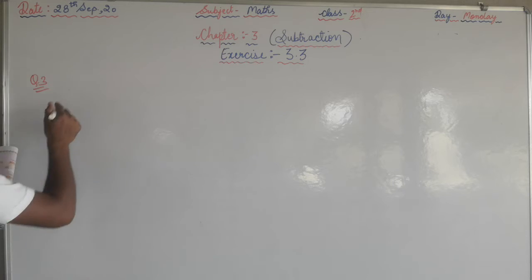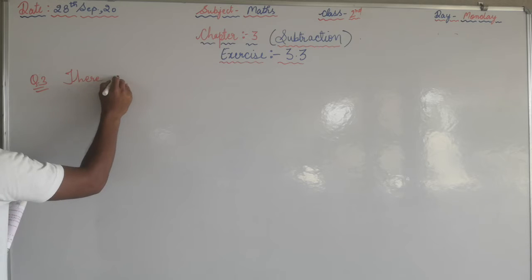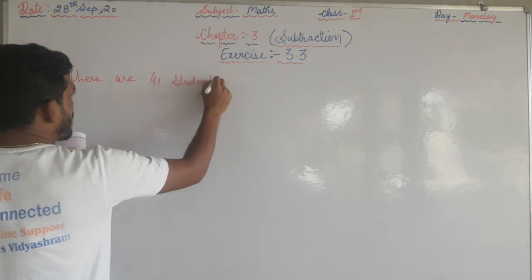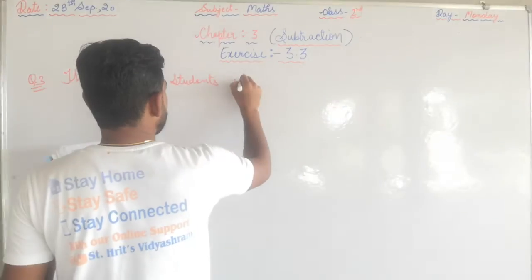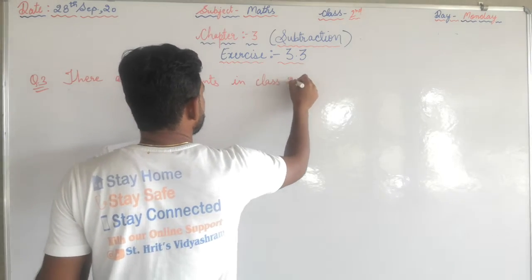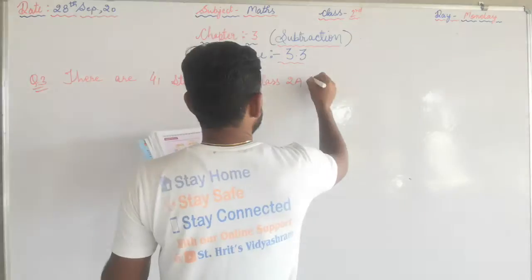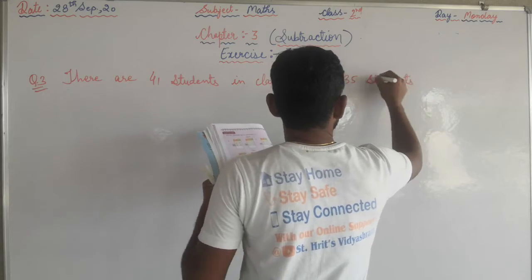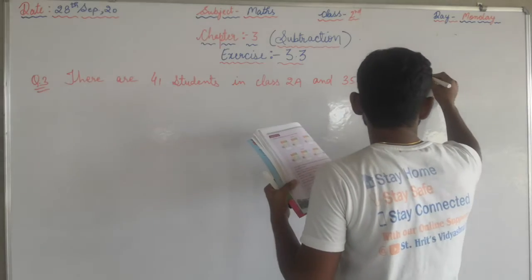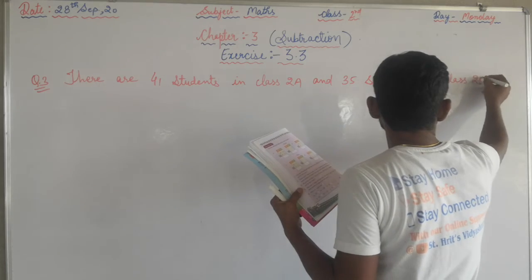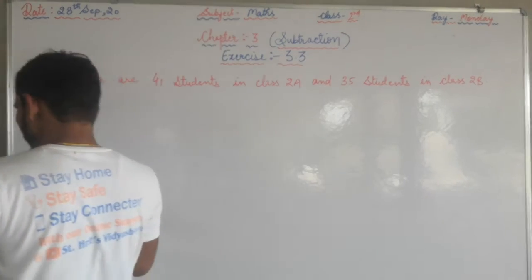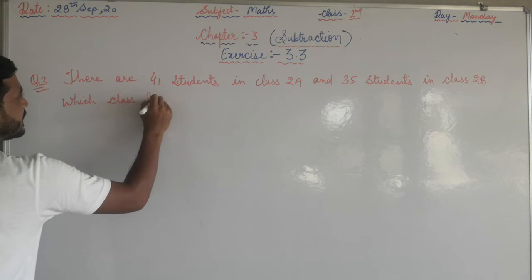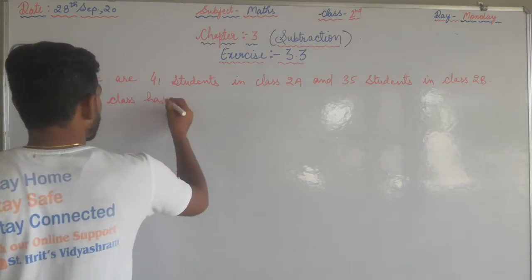There are 41 students in class 2nd A and 35 students in class 2nd B. Which class has more number of students?